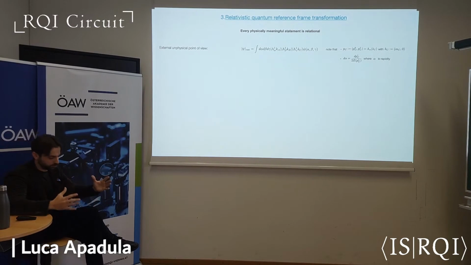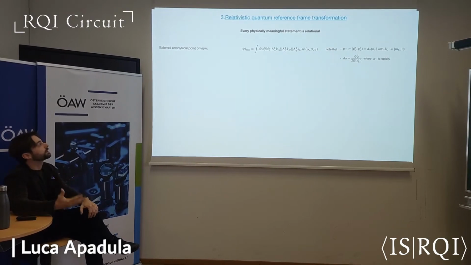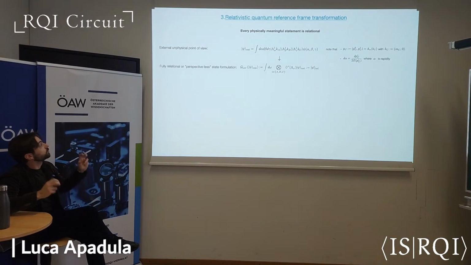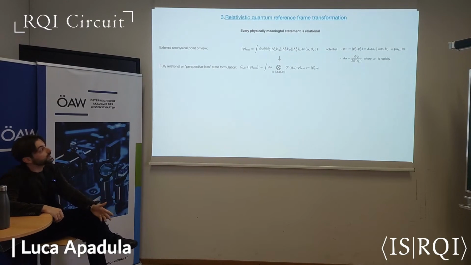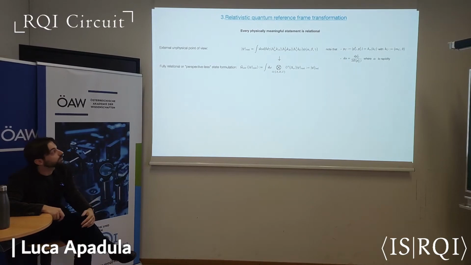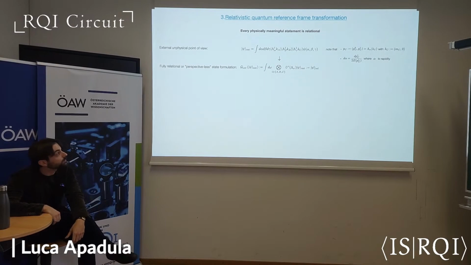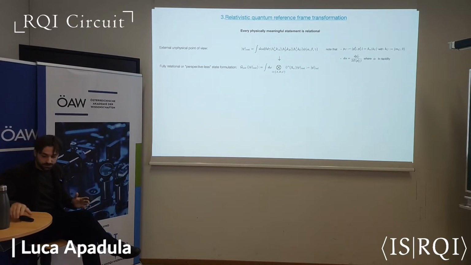But I want to achieve a fully relational description, in order to describe one particle with respect to another system, for example. We achieve this fully relational, perspectiveless state formulation simply by making the state invariant under the action of global Lorentz transformations. From a group theoretical point of view, this means applying the G-twirl of the group, integrating over all the possible Lorentz transformations of the state. So now we have this Lorentz perspectiveless formulation of the state.